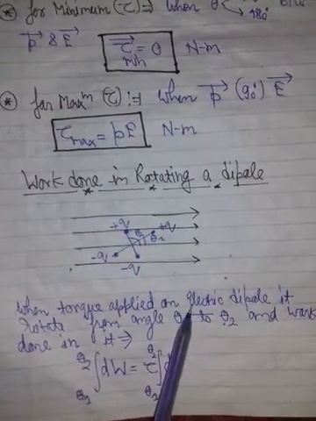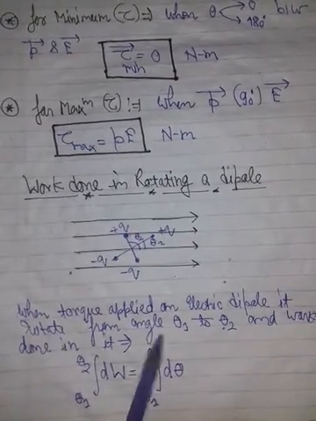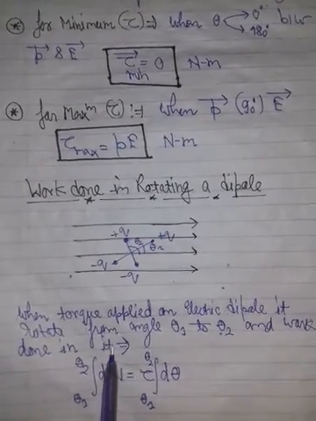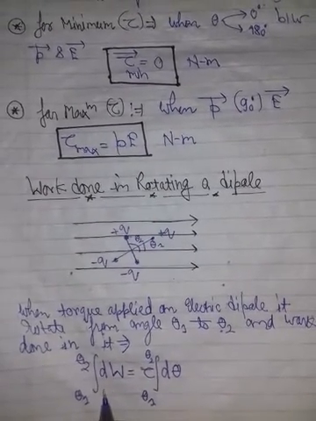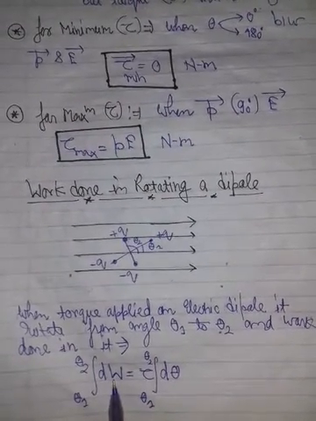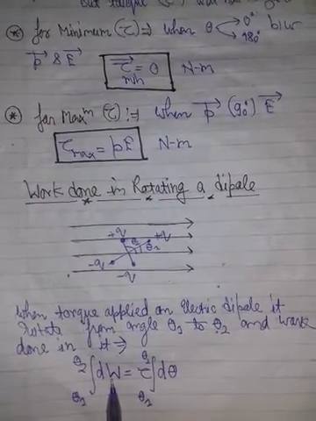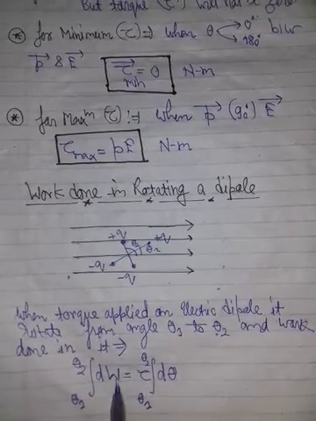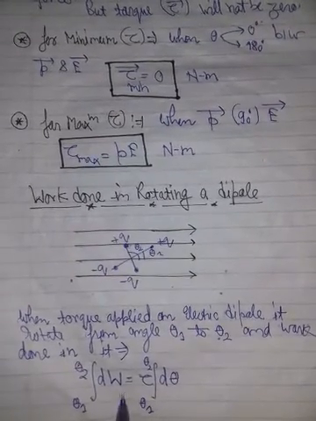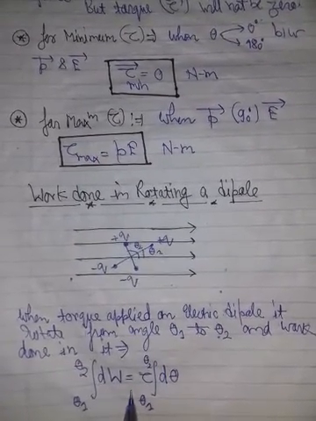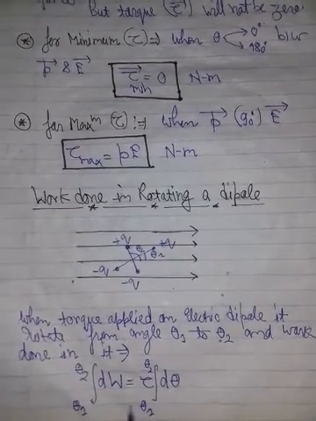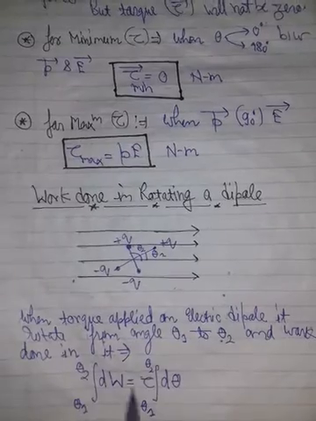When torque is applied on an electric dipole, it rotates from angle theta 1 to theta 2 and work is done. We use the integration method for work. Simply, as in 9th and 10th class, work is force into displacement, and since it is rotational work, we use the rotating force, that is the torque, and the angular displacement, with limits theta 1 to theta 2.